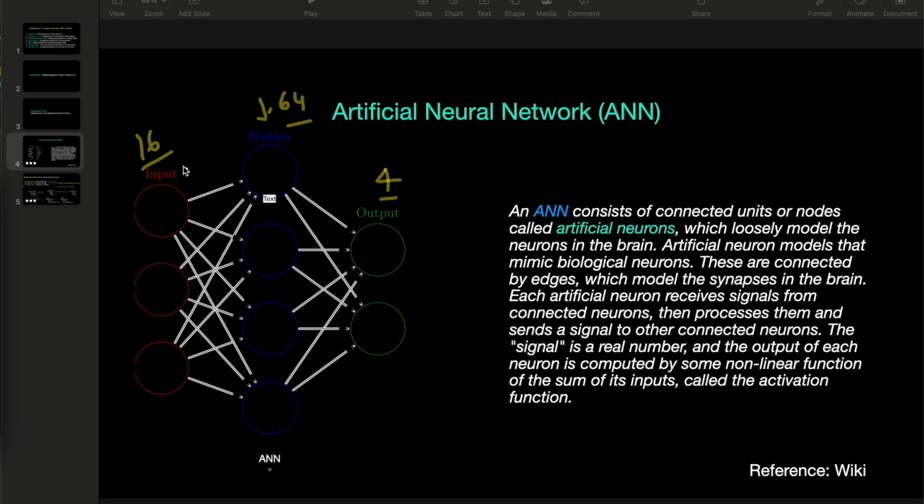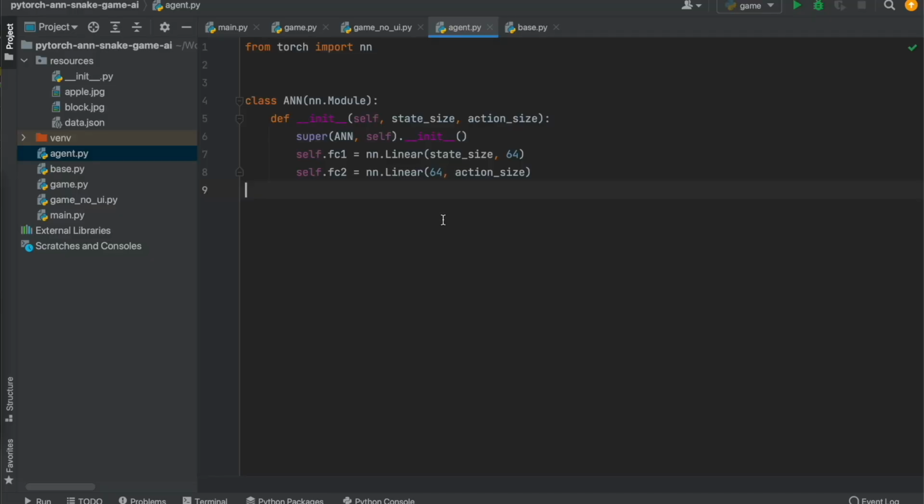The first fully connected layer passes the data from the 16 neurons to the 64 neurons in the hidden layer, and the second fully connected layer passes the data from 64 neurons to the output layer, which is 4 neurons. This is important to understand. Again, the state size is the size of the input layer, which corresponds to the state representation of the game.